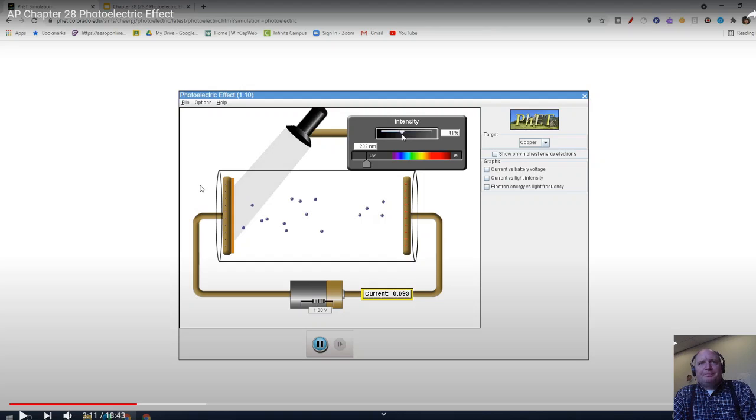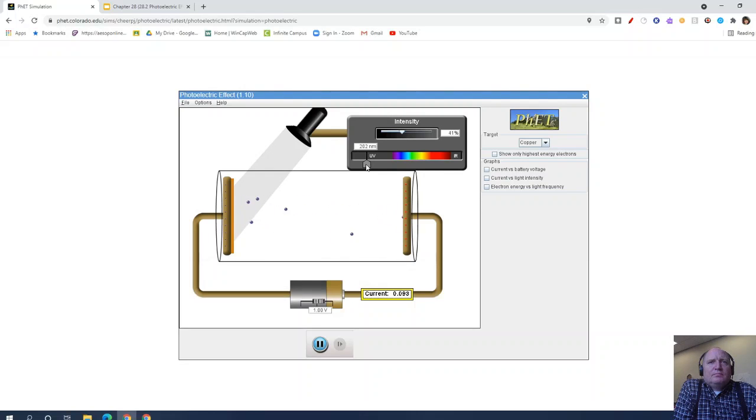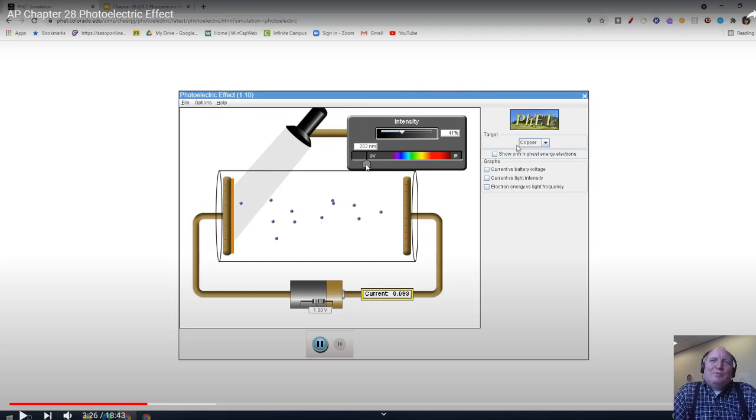This is very cool. Threshold frequency. Well, let's see if I increase the wavelength. Remember, there's that inverse relationship between frequency and wavelength. Frequency times wavelength will equal the speed of light. Sorry, I was just thinking a little bit more about this highest.